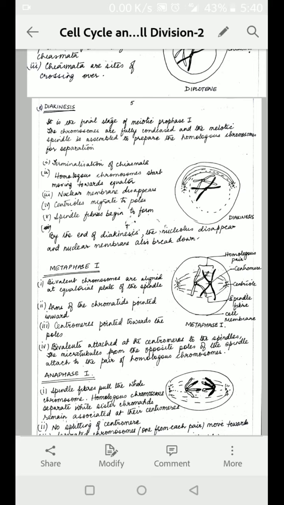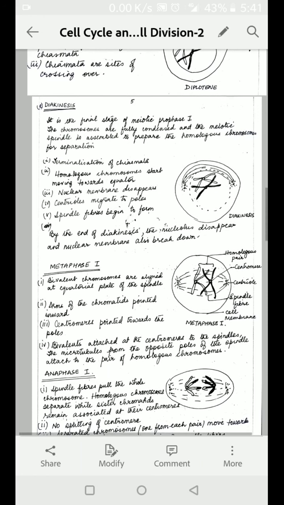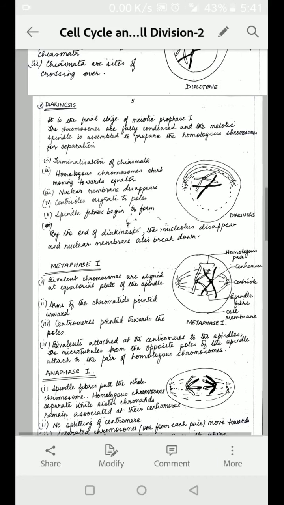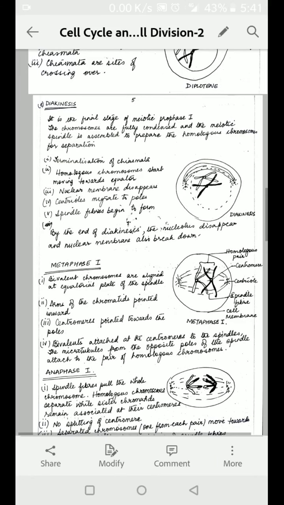The bivalents now attach to the spindle, and the microtubules from the opposite poles of the spindle attach to the pair of homologous chromosomes. As you can see in the figure, the spindle attaches to the centromere and the chromosomes are aligned at the equatorial plate.